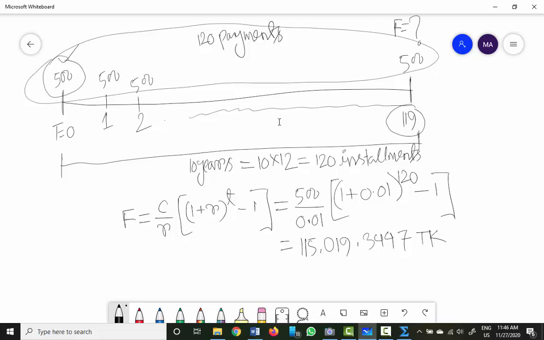So after maturity she should get this amount. This is the amount she will get from the account at the time of last deposit, that means at the time of maturity.